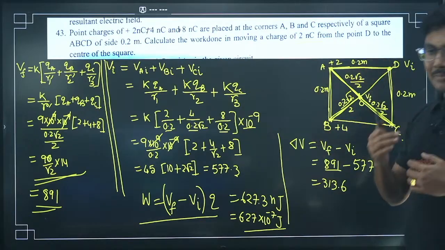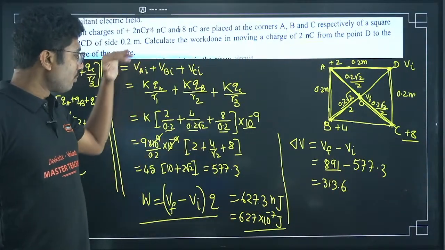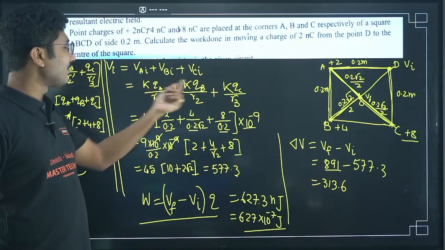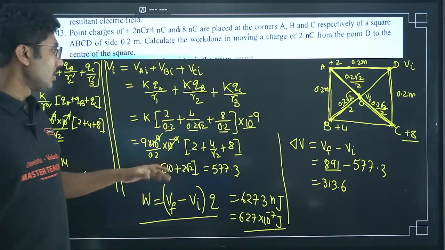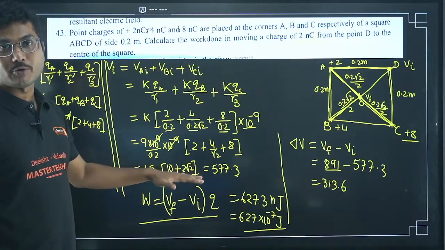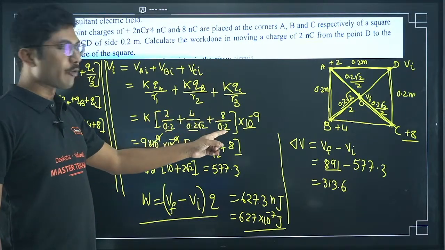And always remember this, whenever you are solving numericals, try to do the approximation or calculation as late as possible. For example, I have written this, I have taken all the values which are possibly common. Okay, that's how you can reduce the burden of calculation as much as possible. If you do 2 by 0.2, that is 10, then 8 by 0.2, which is 16.